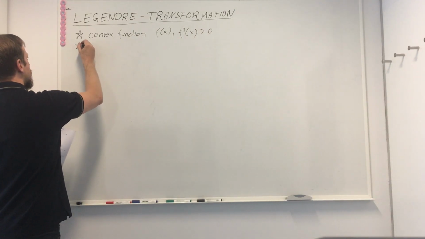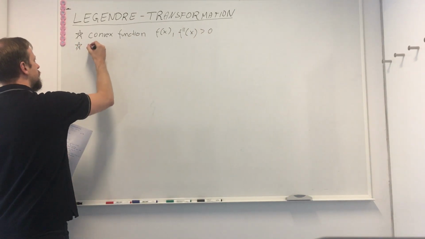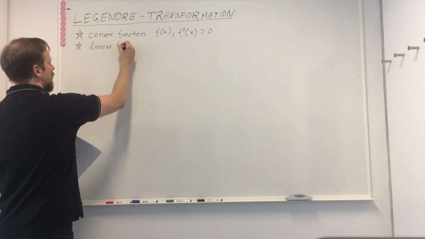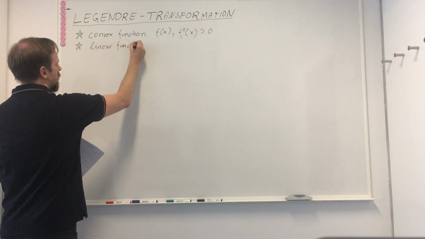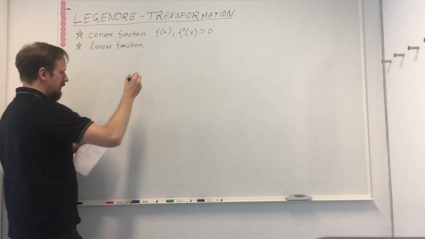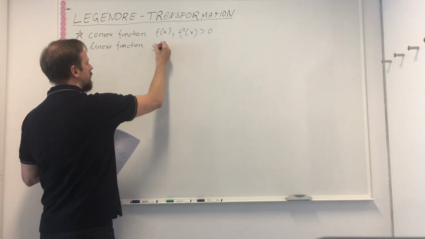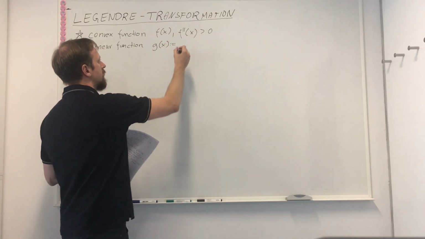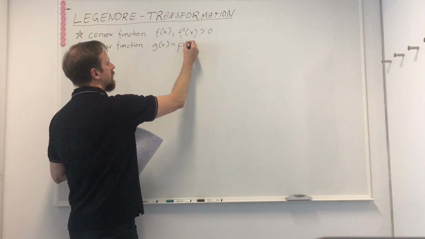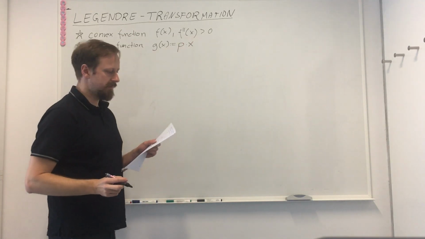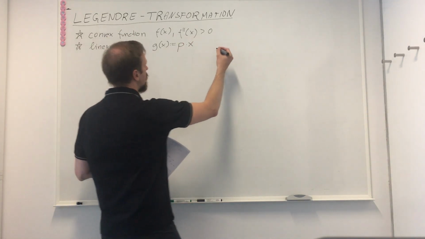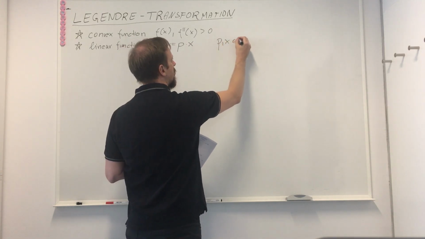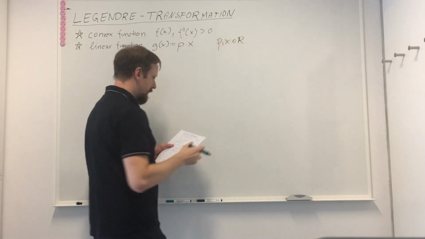Next, we define a linear function, let's call it g of x, and this is g of x equals p times x. For completeness, p and x are elements of the real numbers.